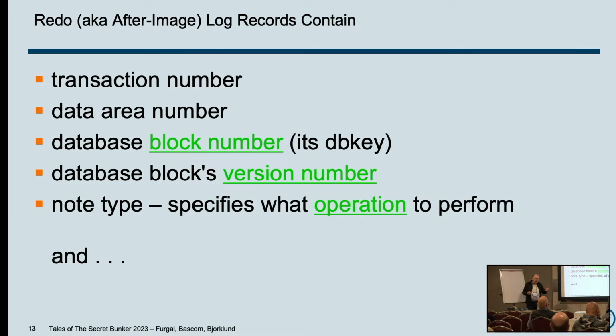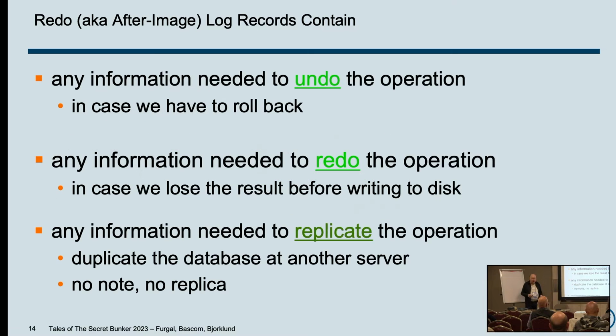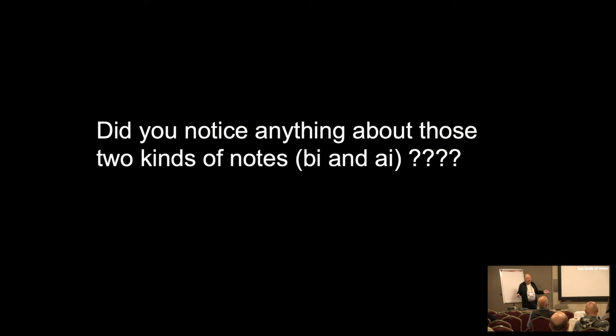So what's in the two kinds of logs is exactly the same thing. They're identical. However, because I'm stupid, the format of the after-image file and the format of the before-image file are slightly different. So even though the contents is the same, I didn't make them the same.